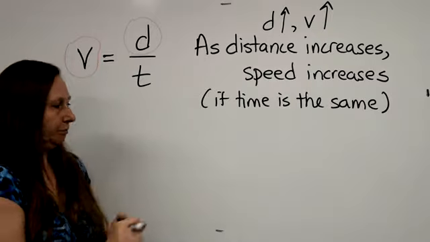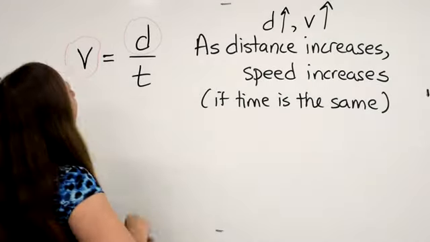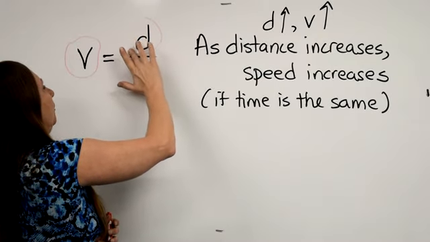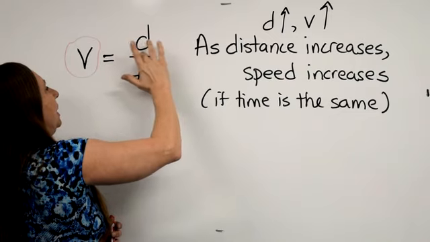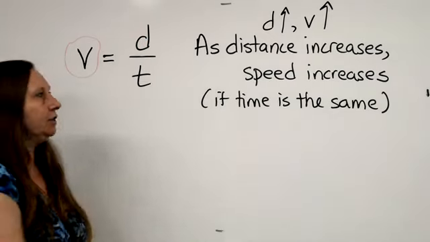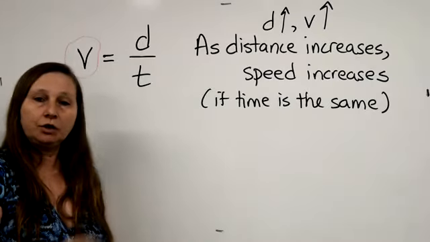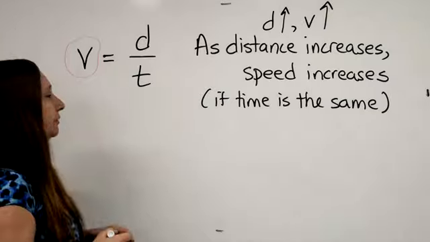Now let's look at time and speed. If we're going to focus on time and speed, then the distance has to be the same. We're talking about how time affects speed. The distance is going to have to be the same. So let's have a little different scenario here.